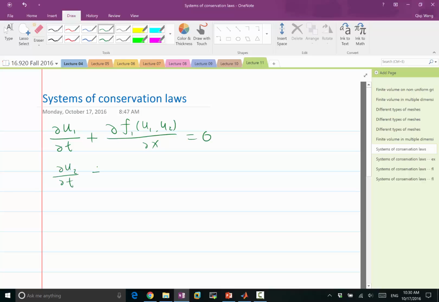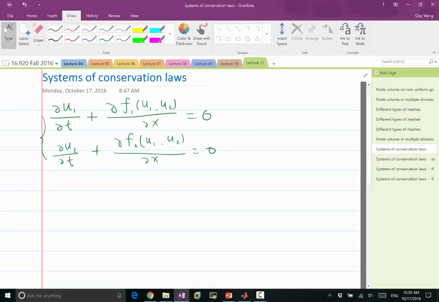Also, the time derivative of u2 is a function also of u1 and u2. If f1 and f2 are both linear, then this is not very different from the second project we just submitted last week, right? But in this case, f1 and f2 can be nonlinear functions.